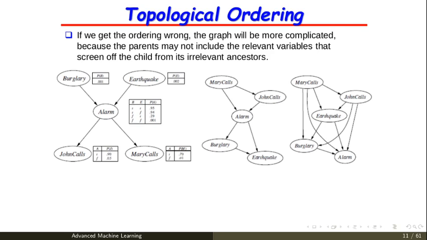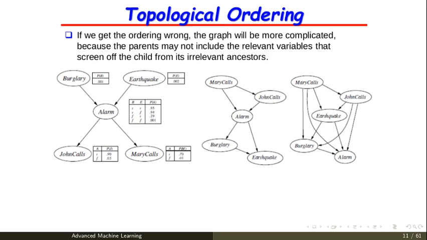The left one is preferable because it has fewer edges. Fewer edges means more independence relations, and this is what we are interested in, rather than something very complicated that we don't like.